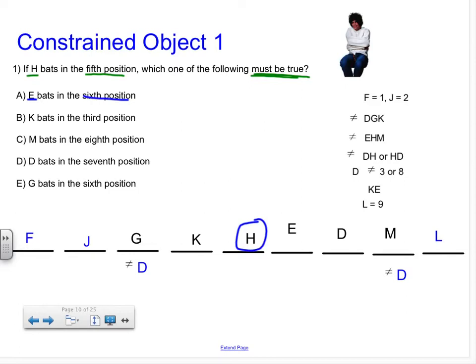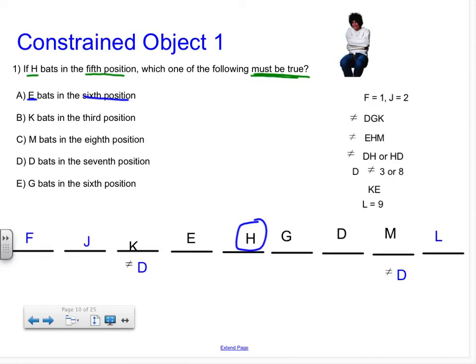Let's see if we can find anything else. What would happen if we were to bring G over here, put K here, put E here, and put G here? Would this still work? Let's take a look at the conditions.